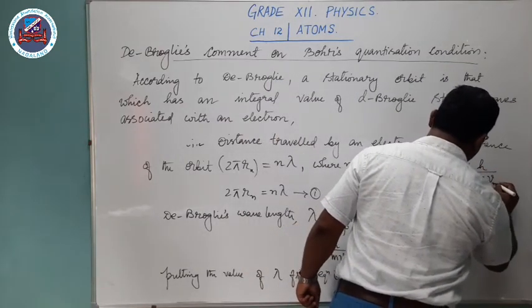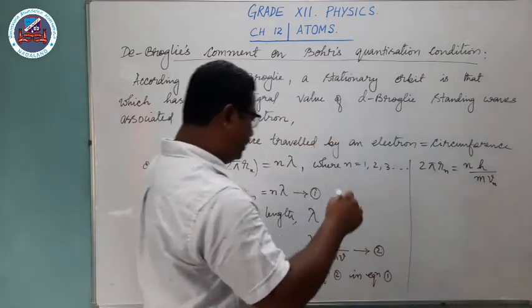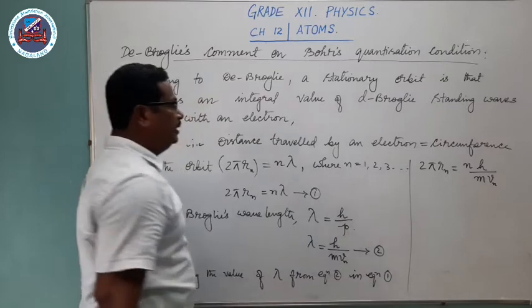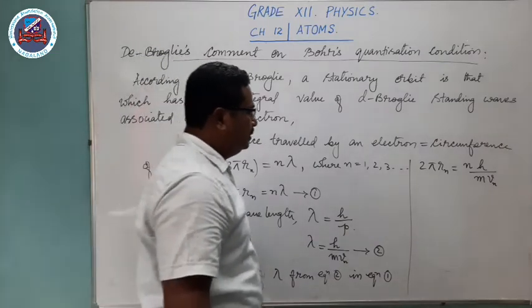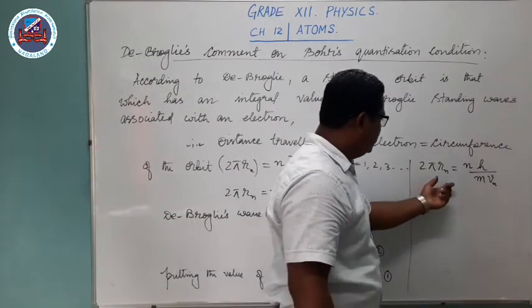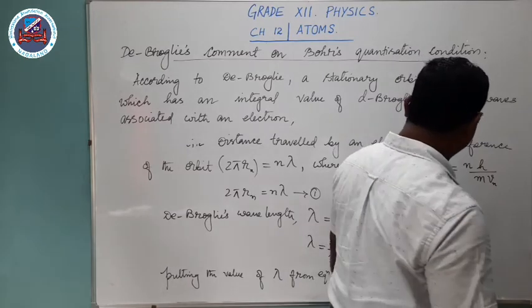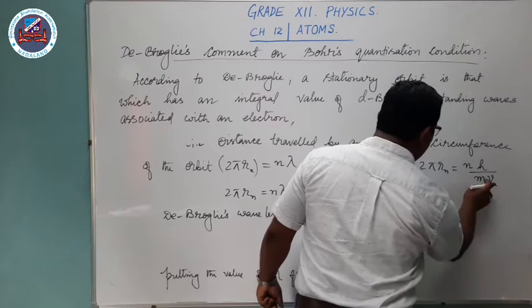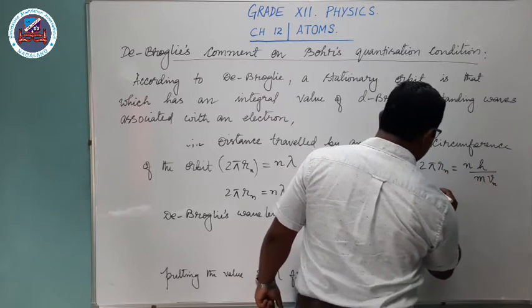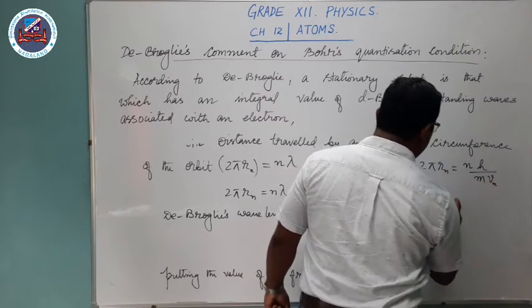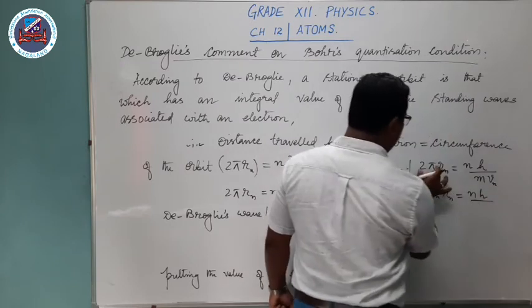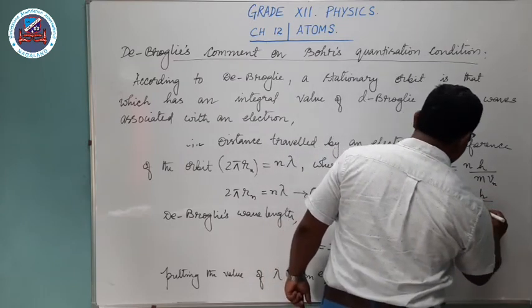V you can also put as the velocity in the nth orbit, because the velocity of electrons in different orbits is different. So from here, if you multiply m v_n r_n, that is your angular momentum, it is equal to nh divided by 2 pi.